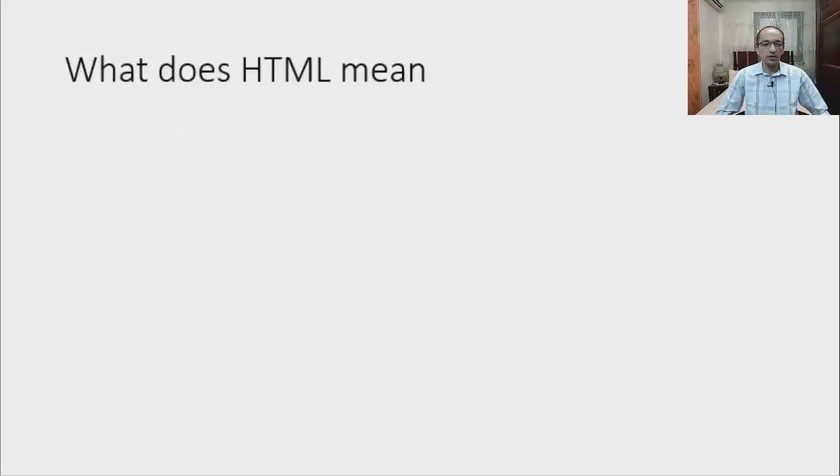So, what does HTML mean? HTML is HyperText Markup Language. Okay, we know language, but what is hypertext and what is markup? Okay, hypertext, we all know that hyper means much, so hypertext means much text.